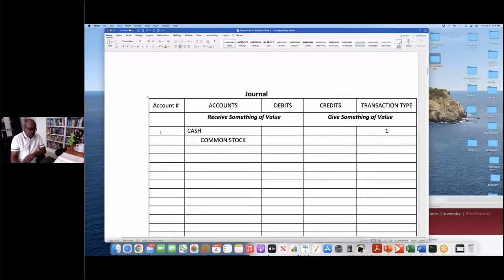And cash, as you said, is 100. And common stock is what? 400? Or 300? Yes, 400. And what's our amount? 200,000.